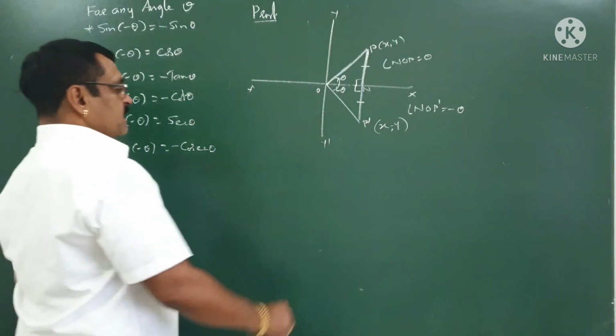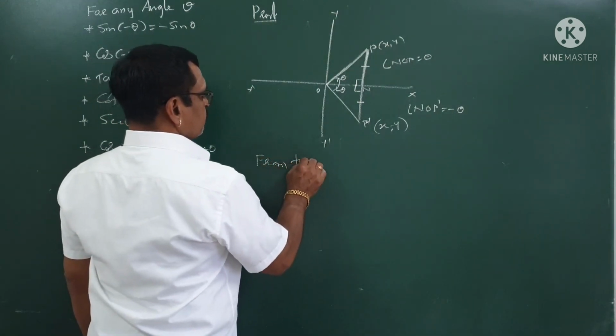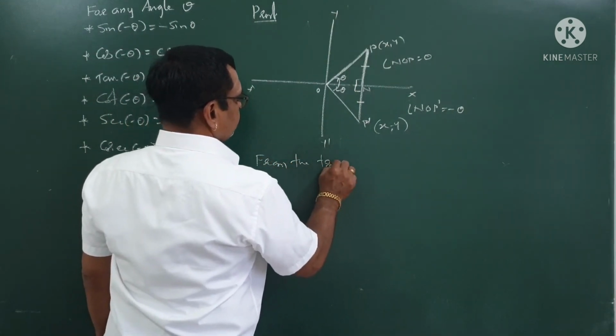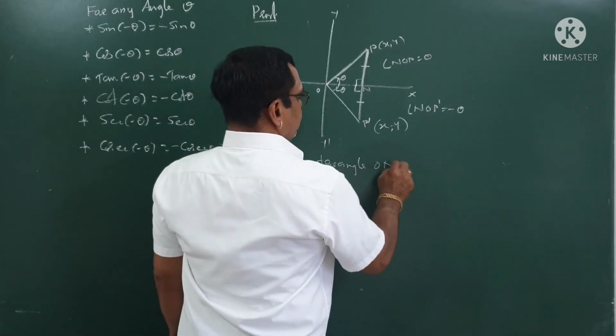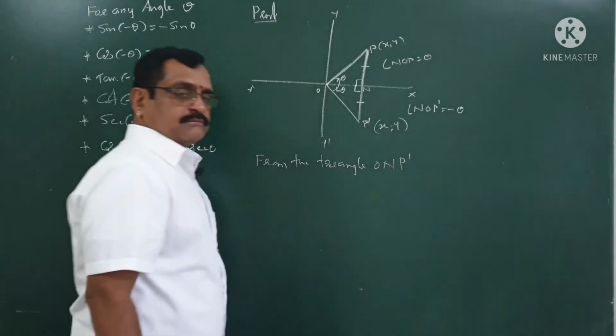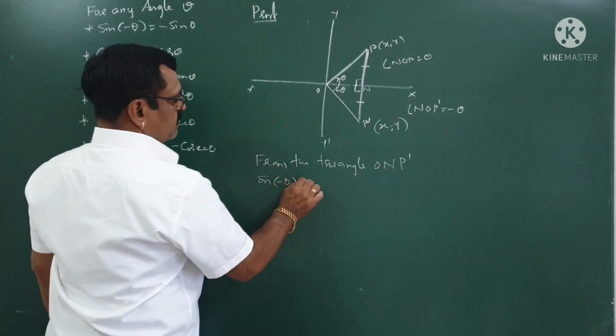Now from the triangle ONP prime, I want to go for sine of minus theta.